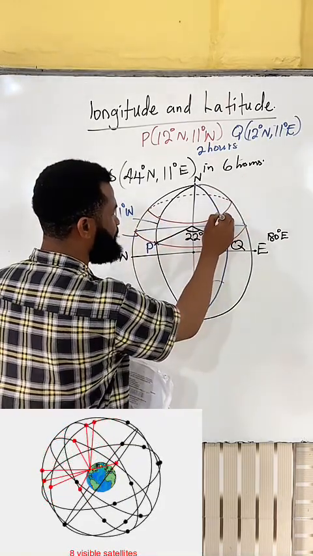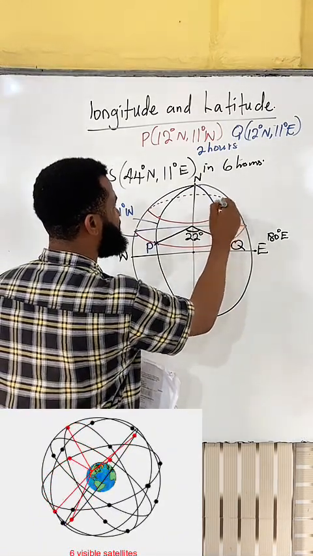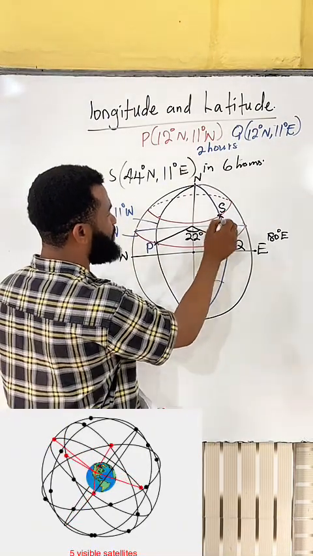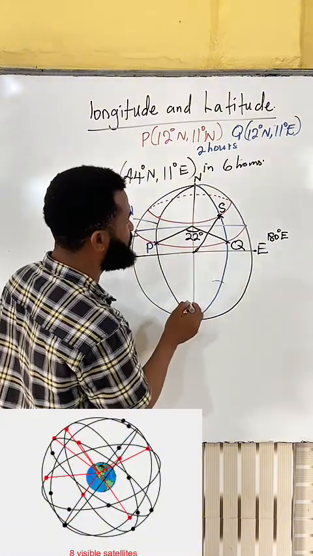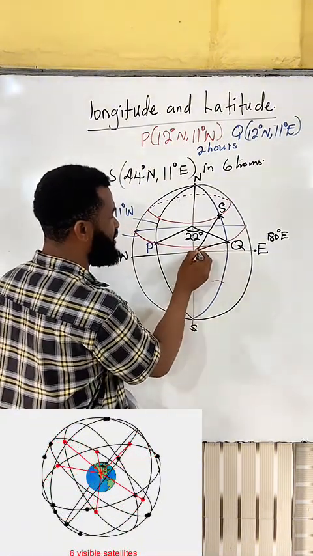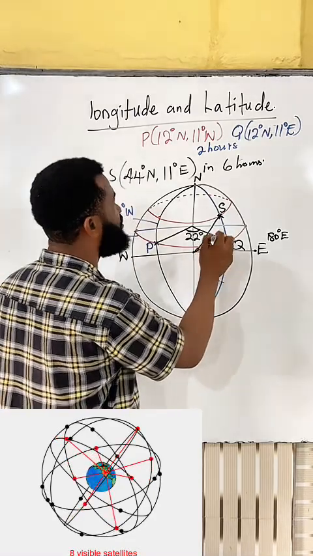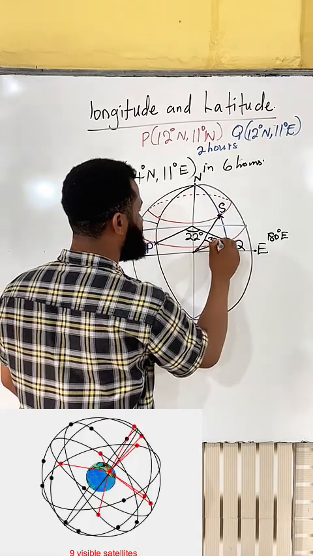So from here to this place, this is that point S. Okay. So the angle from here to this place is 44, while the angle from here to here is 12. So the angle separating them is going to be 44 minus 12, which is 32 degrees.